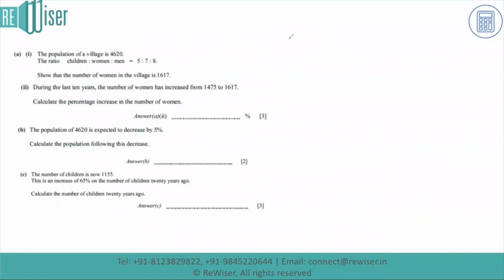And if I talk about part C, the number of children is now 1155. This is an increase of 65% on the number of children 20 years ago. Calculate the number of children 20 years ago.